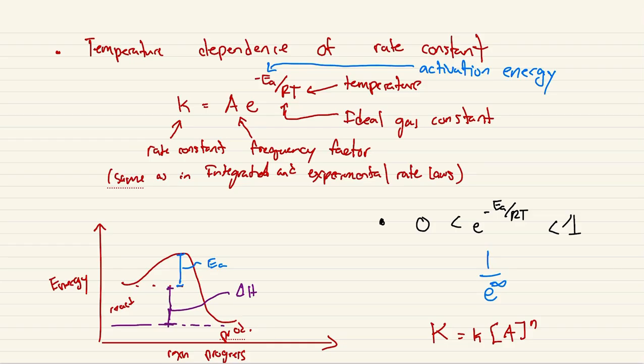So if little k is equal to 0, right, then that means that the rate of the reaction, which is large K, is also going to be equal to 0, right? So if this is 0, then the rate of the reaction is 0, which makes sense. If we don't have enough energy to actually make the reaction proceed, then the speed of the reaction should be close to 0, right? It's like if you have someone who's trying to run uphill, but they don't have enough strength to actually lift their legs, they're not gonna be able to run up the hill at all.